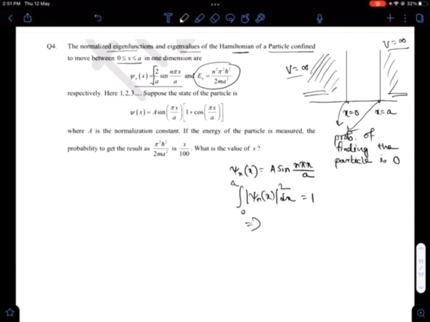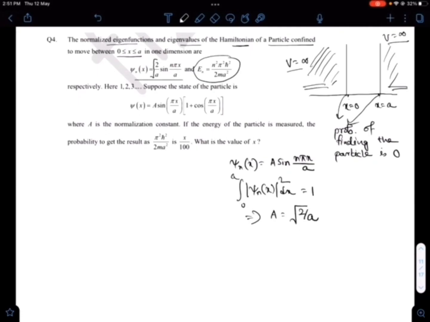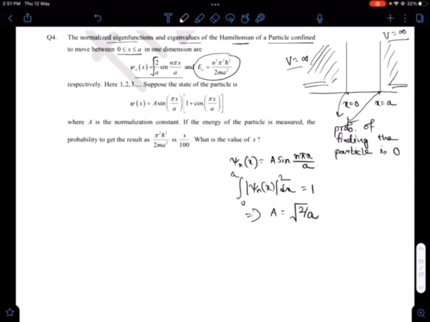If you do the integral, then the factor comes out to be root over 2 by a. So there should be a factor of root, which I think is a printing mistake, and we have the energy eigenvalues as n square pi square h cut square by 2m, where n represents the excited state.